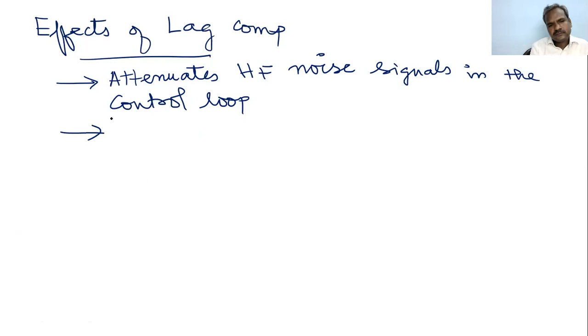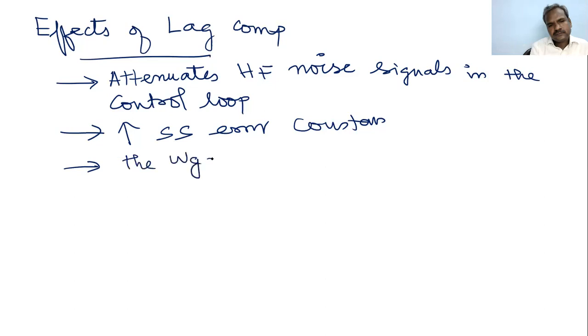Understand, my friends? It increases steady state error constants. Then omega GC, the gain crossover frequency, gets lowered. After using this lag compensator, the compensated omega GC gets lowered.